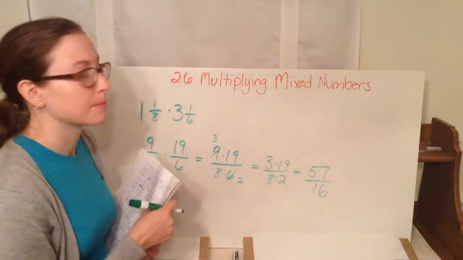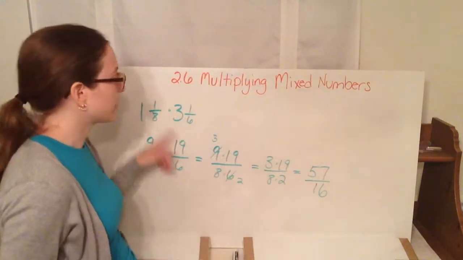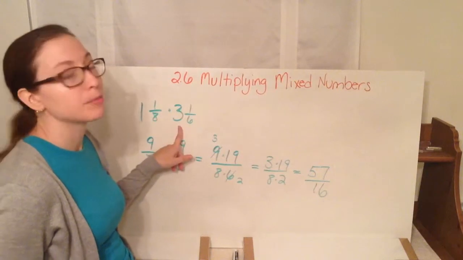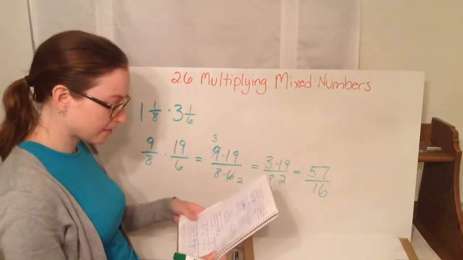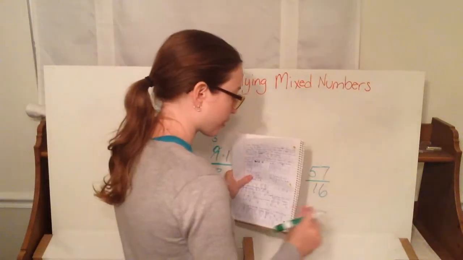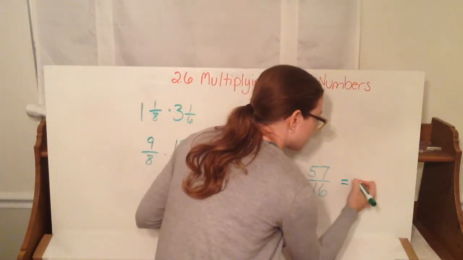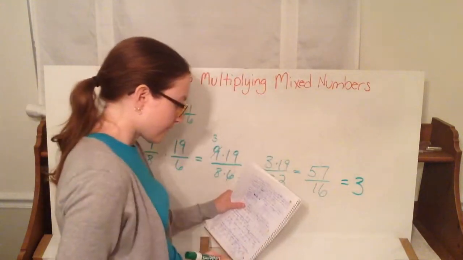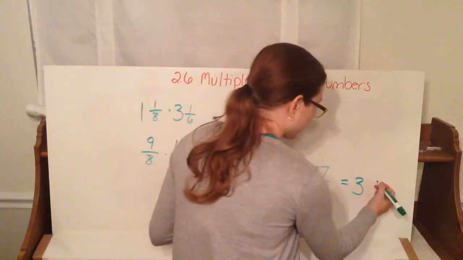There's our answer in improper fraction form, but because our question was written in mixed numbers, we should answer it that way. Again, hopefully you can do this division on your own, but there are 3 16s in 57, and there are 9 left over.